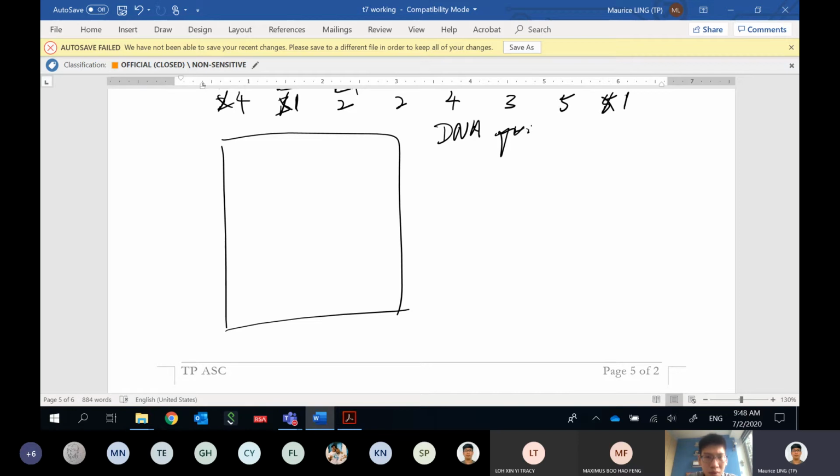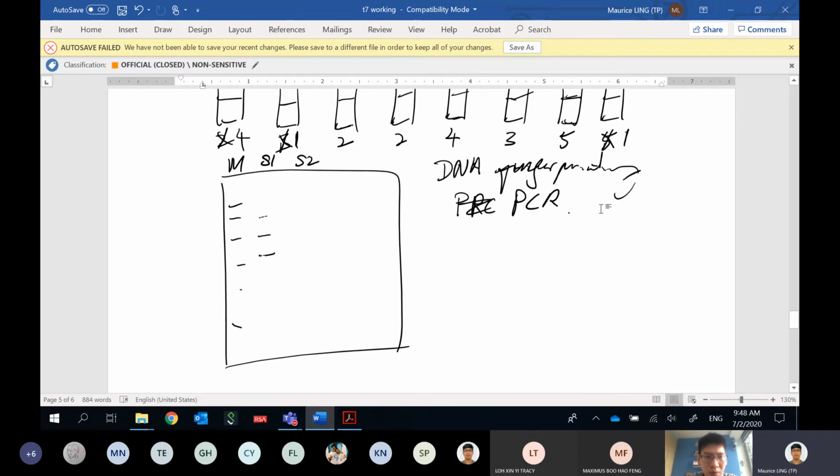Now you have a marker band and so on. You have sample 1, sample 2, and in DNA fingerprinting, especially PCR-based fingerprinting, some of the very faint bands, you have to deduce whether the faint bands are there or not.